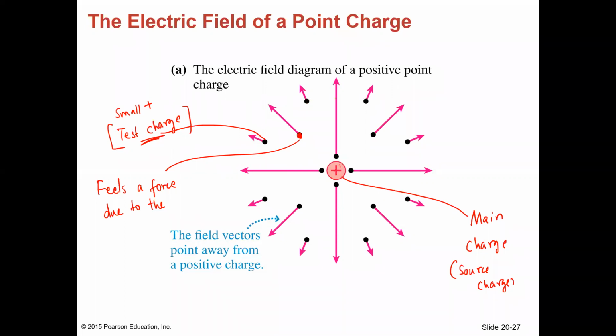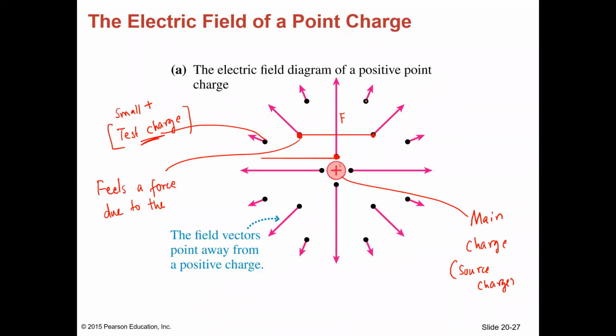So at different locations, these test charges feel different amounts of force. It will feel a stronger force near the positive charge. If you put the test charge here, you see the force arrow is longer. This arrow means it's feeling a stronger force. If you put it here, the force would be a little bit weaker than here.